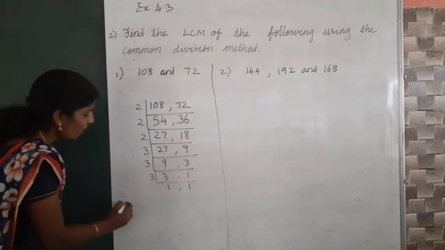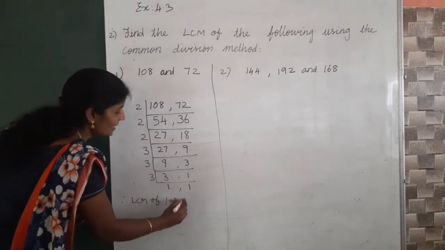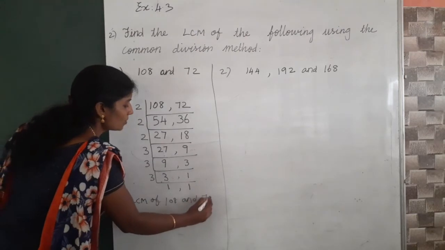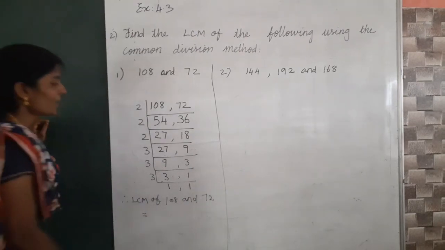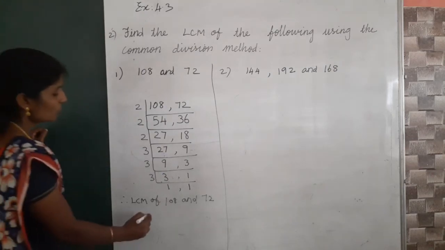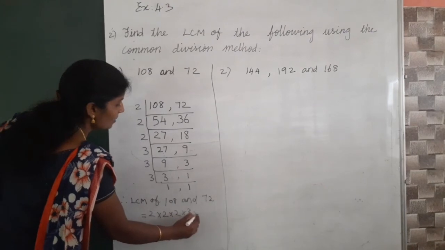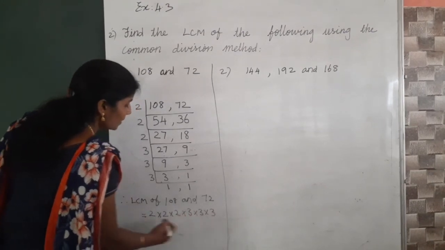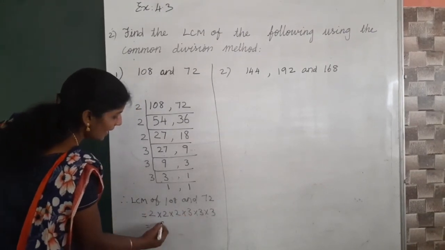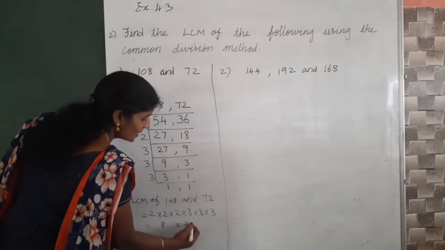Now therefore LCM of 108 and 72 equal to, now we can multiply all prime factors. 2 into 2 into 2, 3 into 3 into 3. 2 2s are 4, 4 2s are 8, into 3 3s are 9, 9 3s are 27.